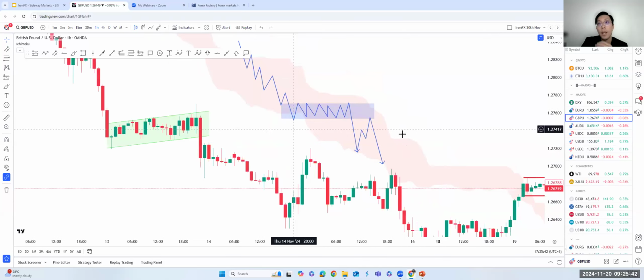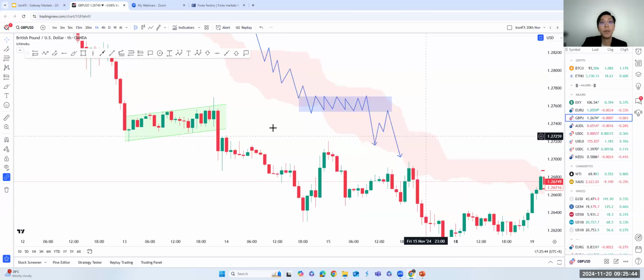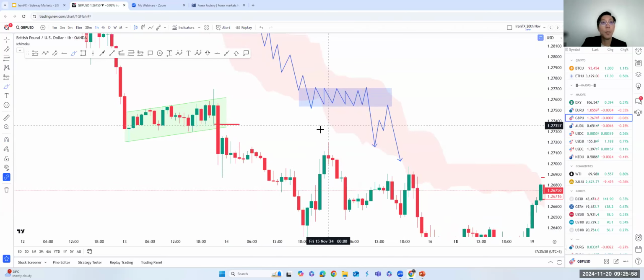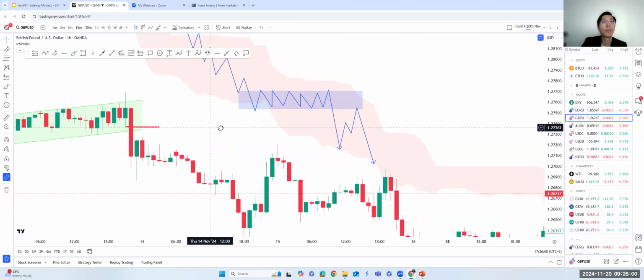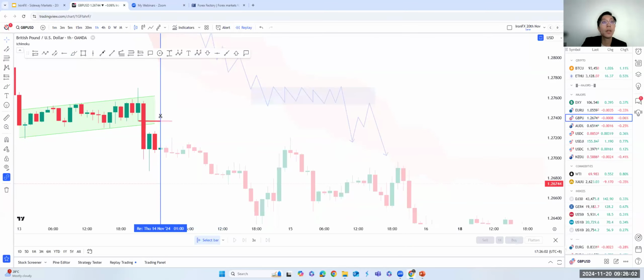But there are pros and cons. If you were to wait for the pullback right here, this pullback wasn't very obvious. It actually pulled back into the FVG only. If you see right here, H1. Let me show you guys.